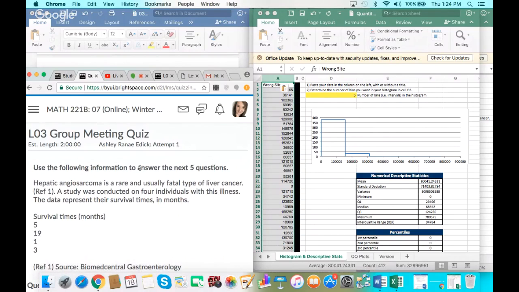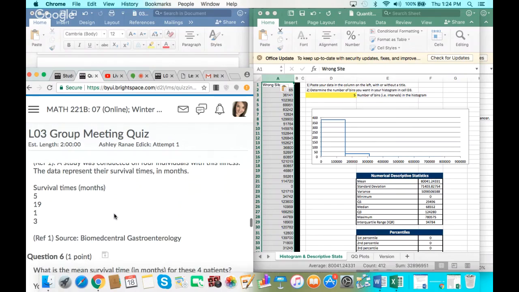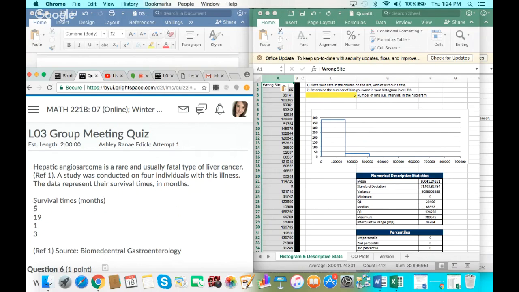Okay, use the following information to answer the next 5 questions. Hepatic angiosarcoma is a rare and usually fatal type of liver cancer. A study was conducted on 4 individuals with this illness. The data represent their survival times in months. So this is one person, they lived for 5 months.